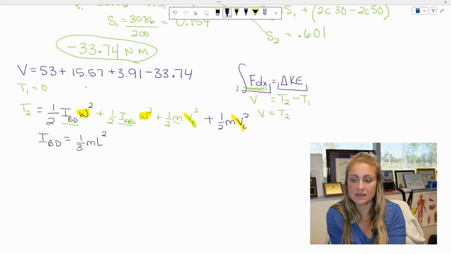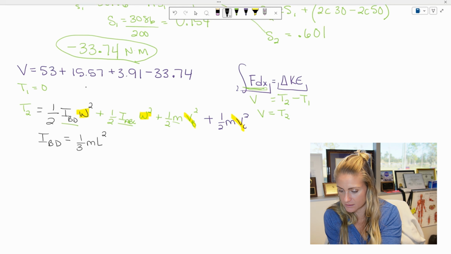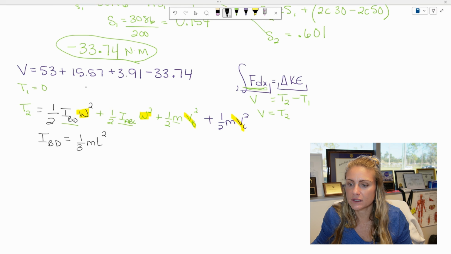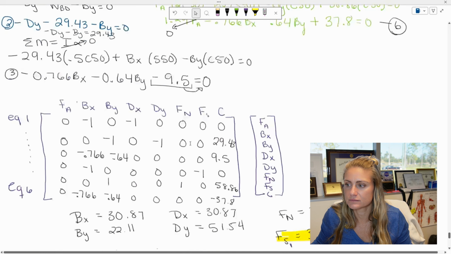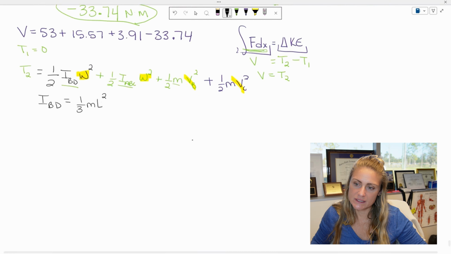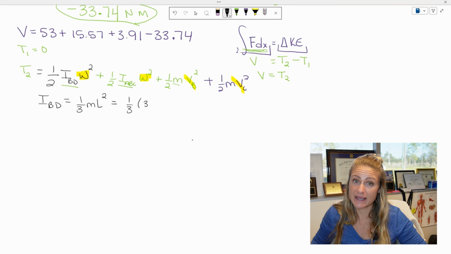My mass of bar BD, I believe, was 3. I'm pretty sure it was 3. Yeah, my mass is 3. So this is going to equal 1/3 times 3 times the length of bar BD, 1, squared. This equals 1.